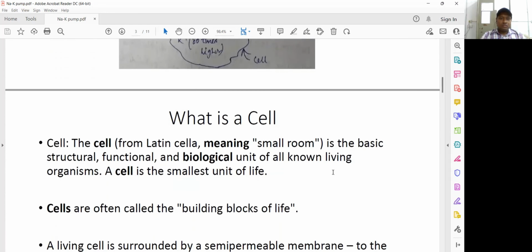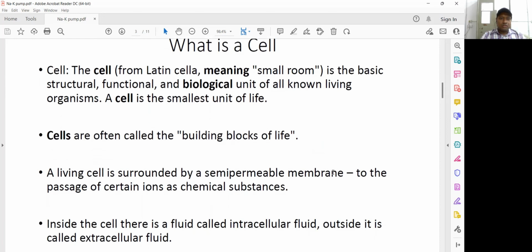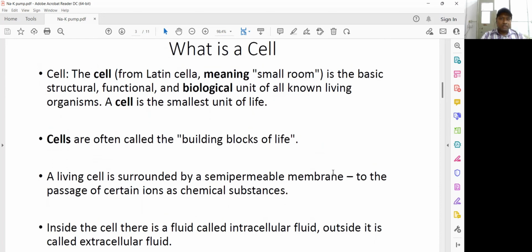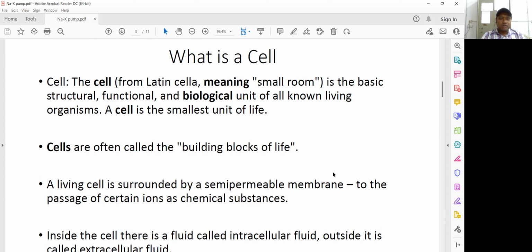So this is what a cell is, which I have described here. The cell, from Latin cella, meaning small room, is the basic structural, functional, and biological unit of all known living organisms. A cell is the smallest unit of life. Cells are often called the building blocks of life.